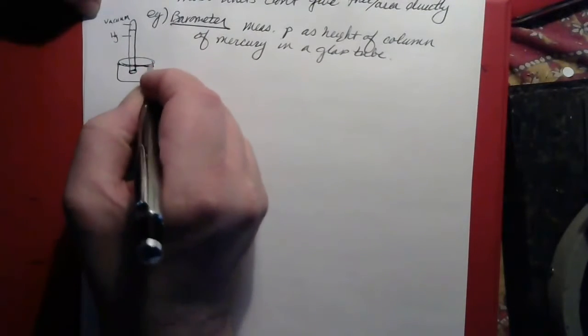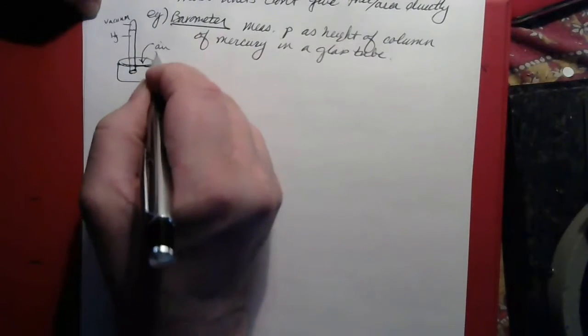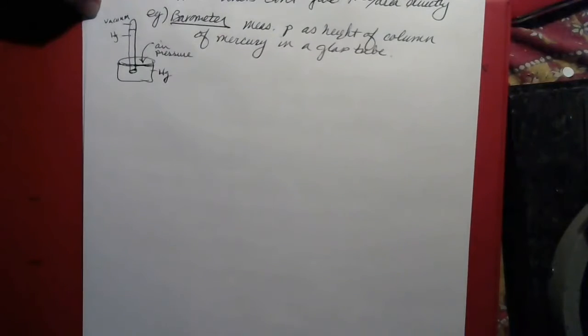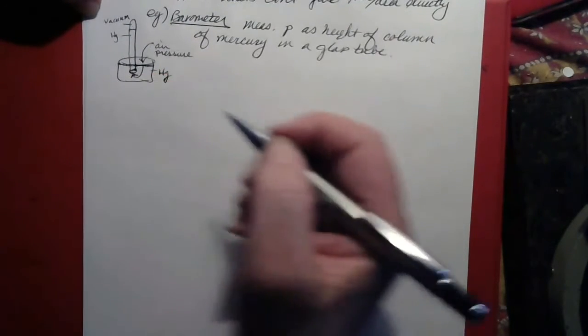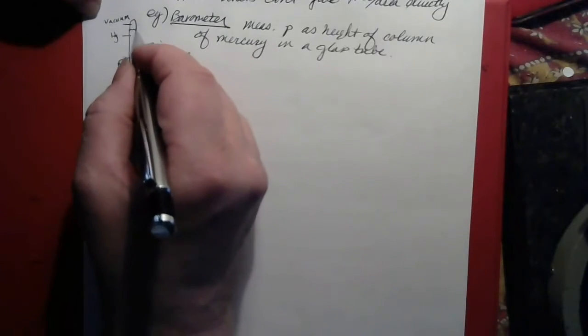And the way the mercury barometer works is that the air pressure will press down on the surface of the mercury, and the higher the air pressure is, the more mercury it forces up into the tube, and the higher the column of mercury will be.